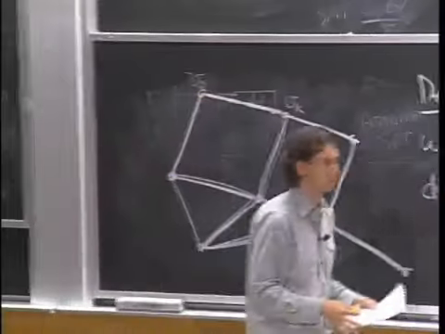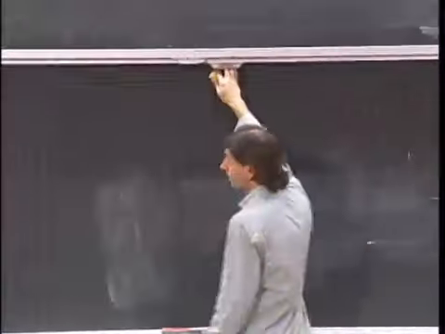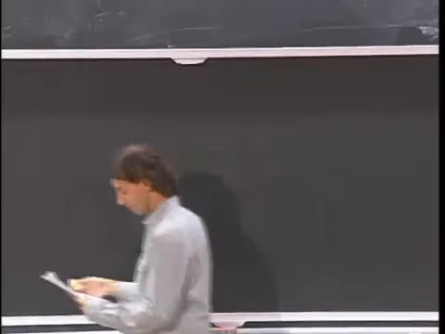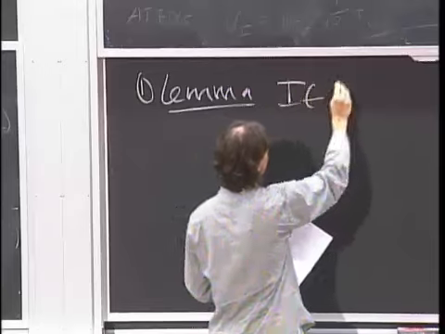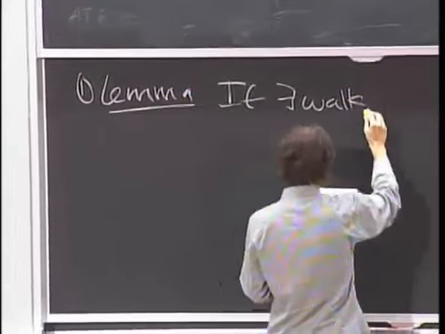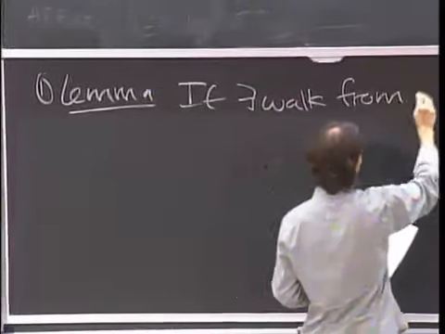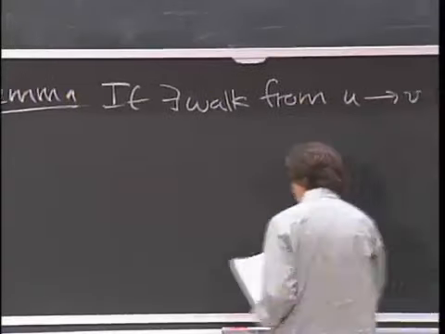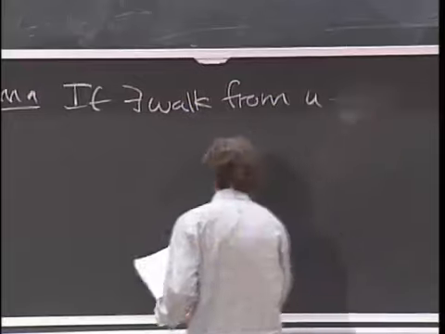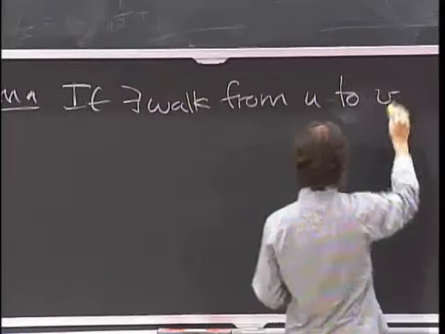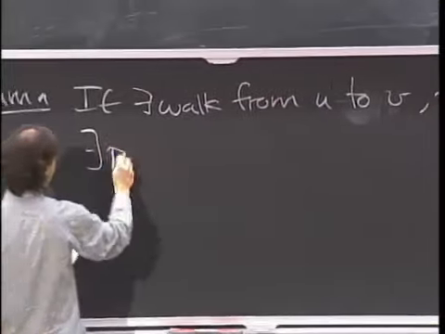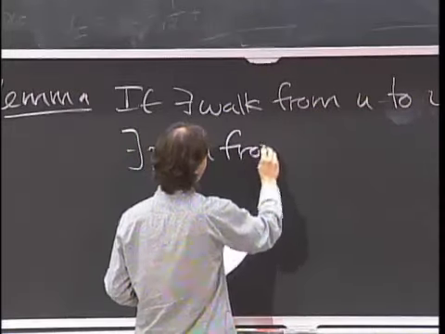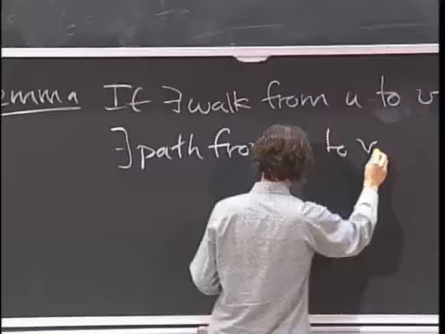So can we formalize this a little bit better? Then we get the next lemma. So let's call this lemma 1. And let's see whether we can prove this. We want to show that if there exists a walk from a vertex u to v, then there also exists a path from u to v.